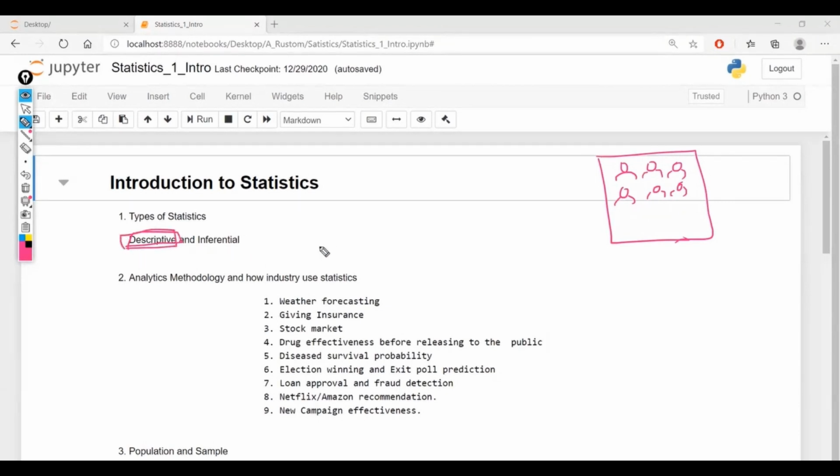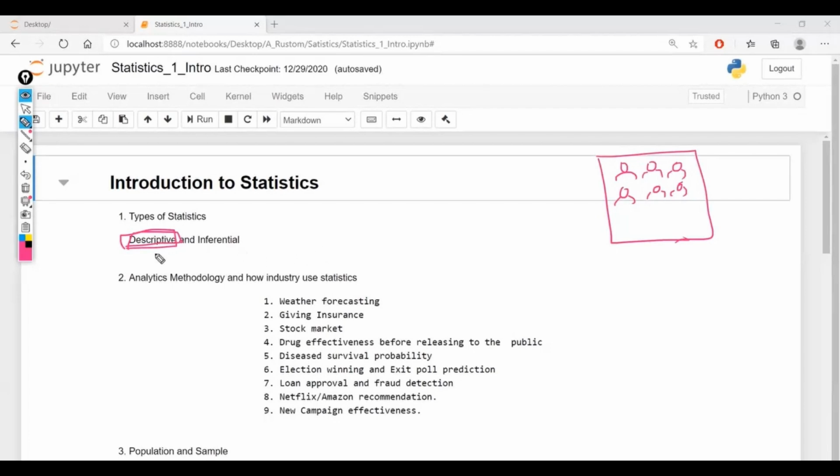The name itself says descriptive, describing. If you are able to describe any data, then I will be able to call it descriptive statistics, without any statistical tools.